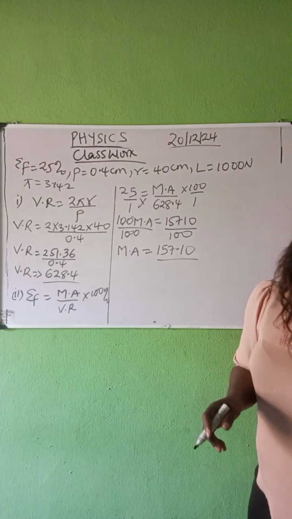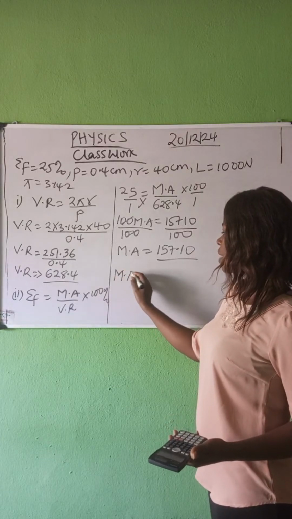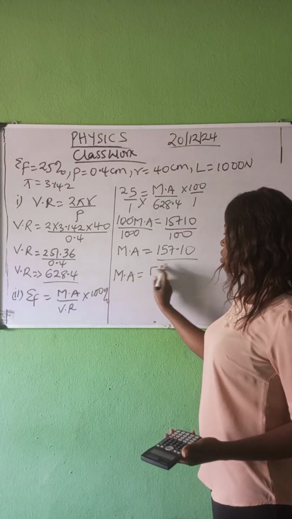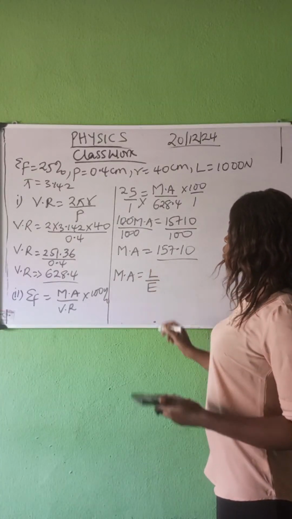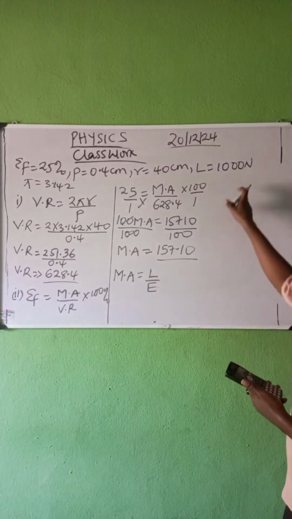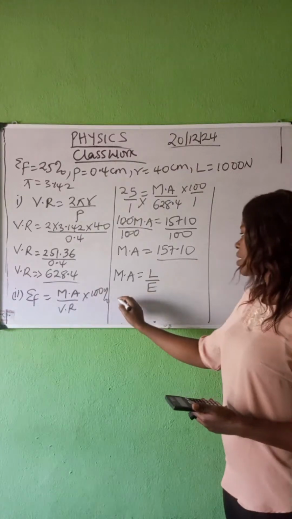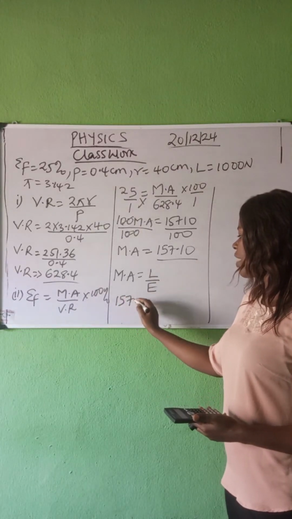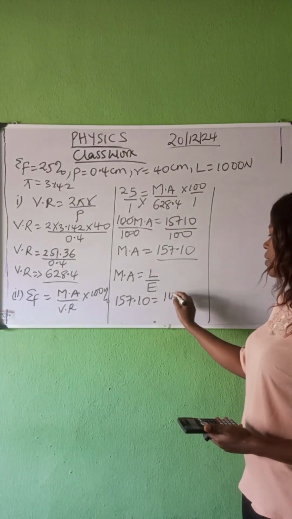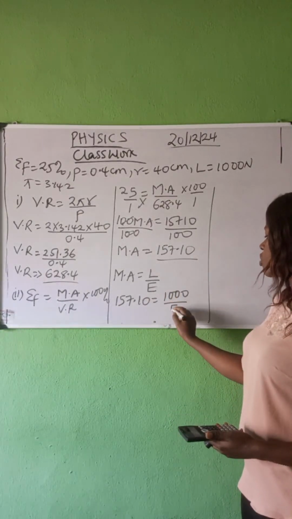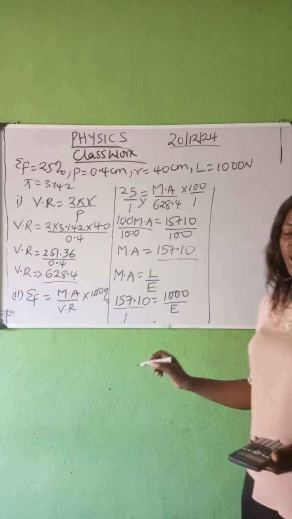And the next question we are going to look at is the effort. Remember that MA, which is mechanical advantage, is equal to load over effort. Now we have a load of 1000. Let's substitute into what we have. 157.10 is equal to the load, which is 1000, divided by the effort, E. Say this is over 1, cross multiply.